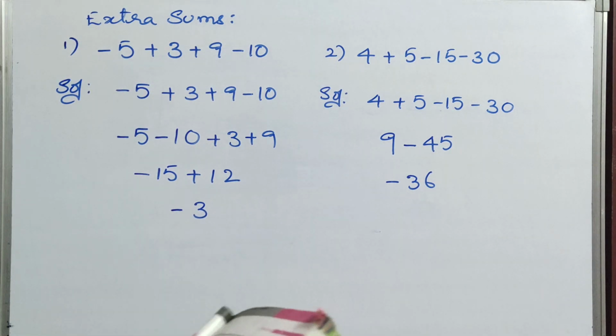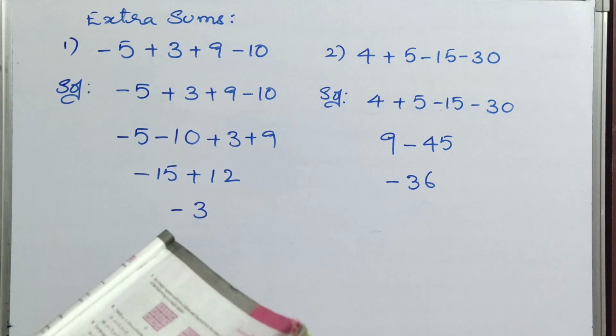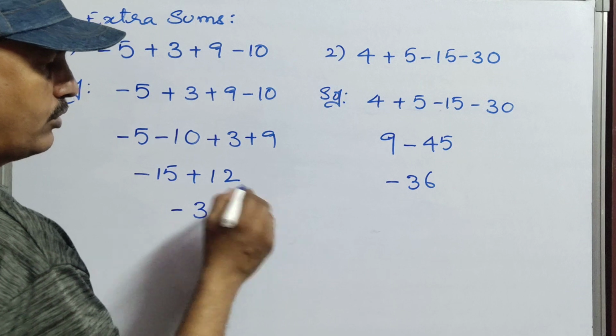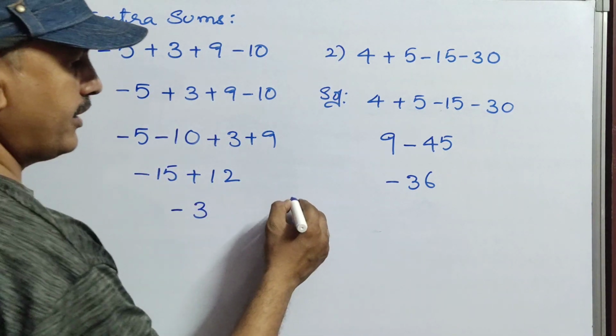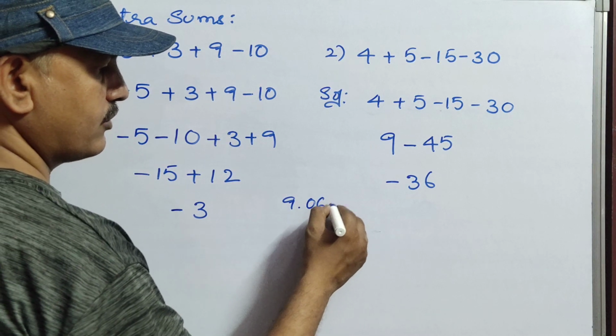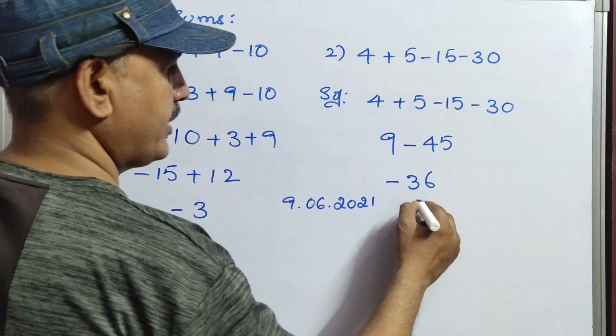Page number 5 children. Once open page number 5. So take out your diary also. Write the date 9/6/2021. Okay. Wednesday.